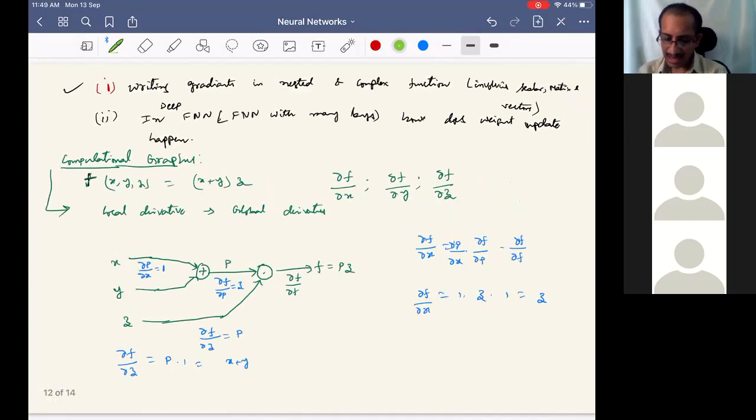See, when we are writing here, there are some names given. If I want to write dou F by dou Z, in expansion this is equal to dou F by dou F into dou F by dou Z. This is referred to as the local gradient. The other one is referred to as the upstream gradient.